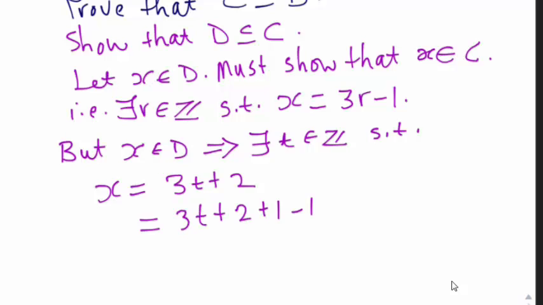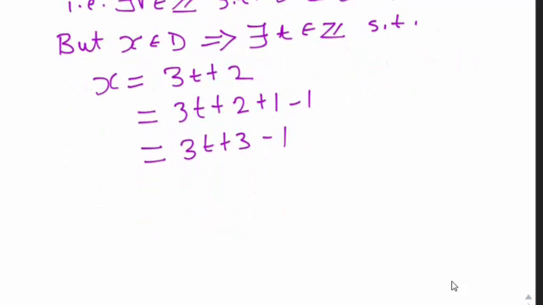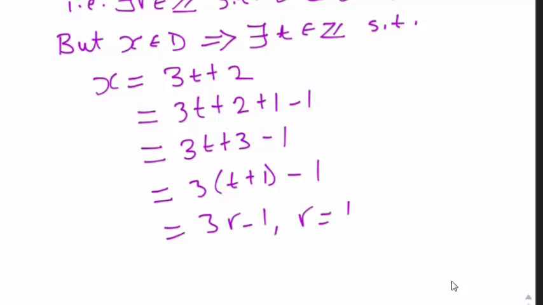Why don't I add 1 and subtract 1? And that will give me 3t plus 3 minus 1. And that will give me 3 into t plus 1 minus 1, which is 3R minus 1, and my R is t plus 1. Observe that t is an integer, 1 is an integer, the sum of two integers is an integer, so legitimately that is an integer.